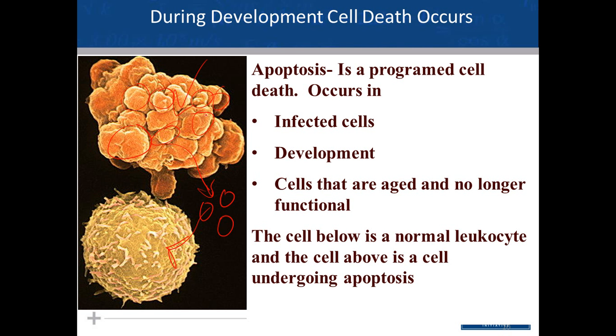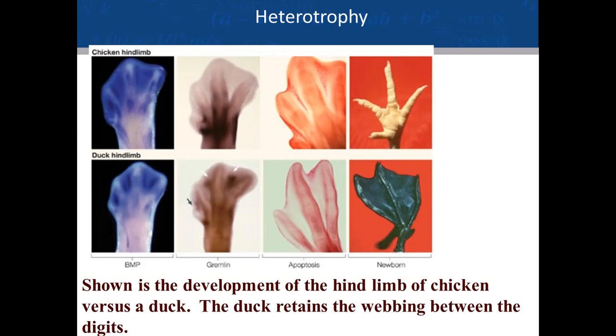So here is an example in ducks versus chickens. And the concept is called heterotopy. Heterotopy is the changes in spatial expression pattern of a developmental gene. So the feet of all bird embryos start off being webbed.